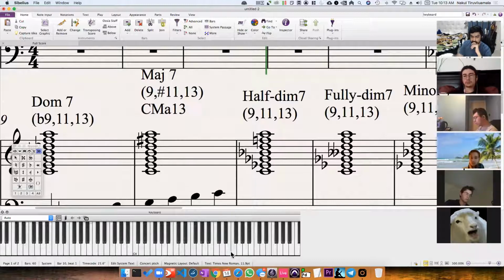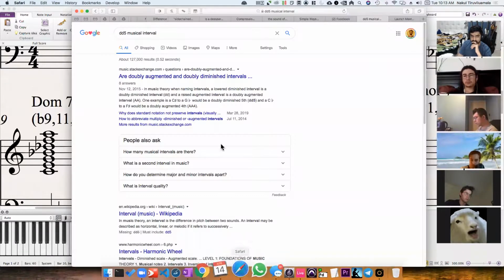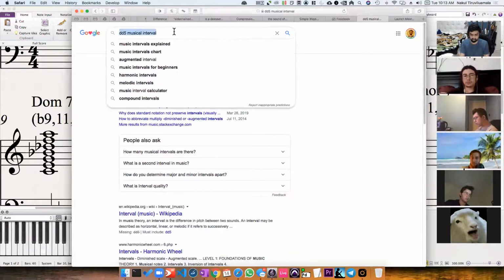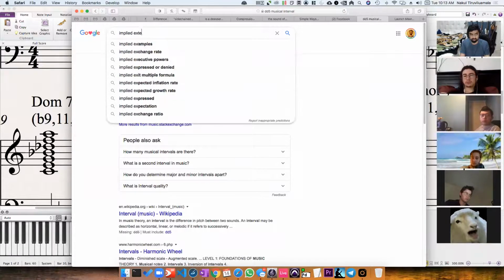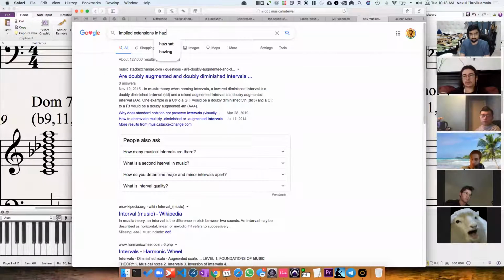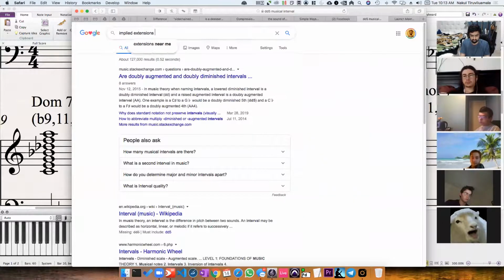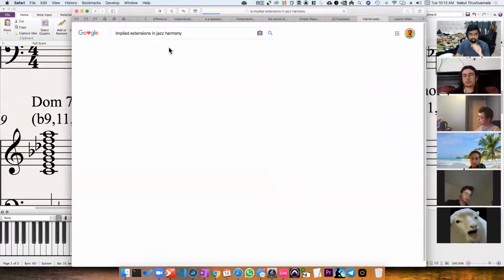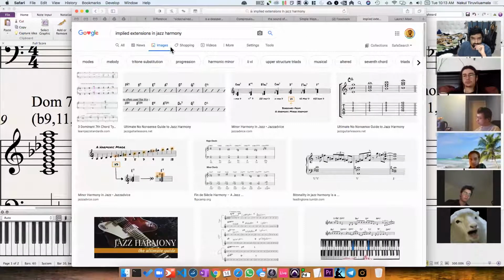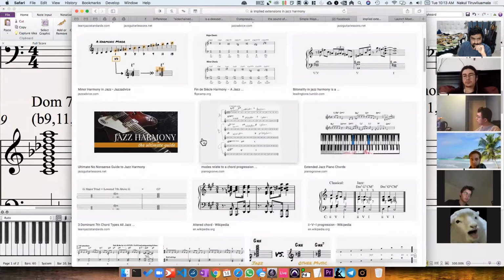So this actually goes into this concept right here. I wasn't expecting to talk about this, but let me just double check. Implied extensions in jazz harmony. There's so many charts of this available.